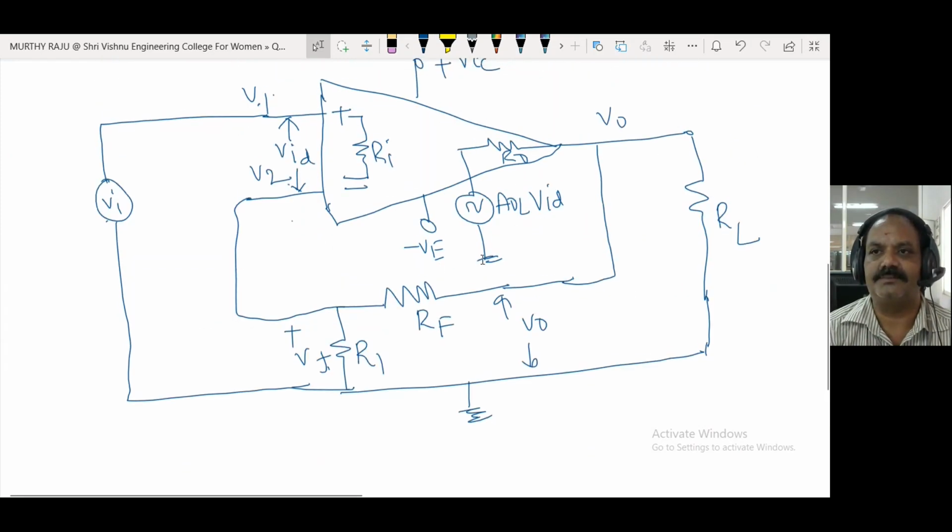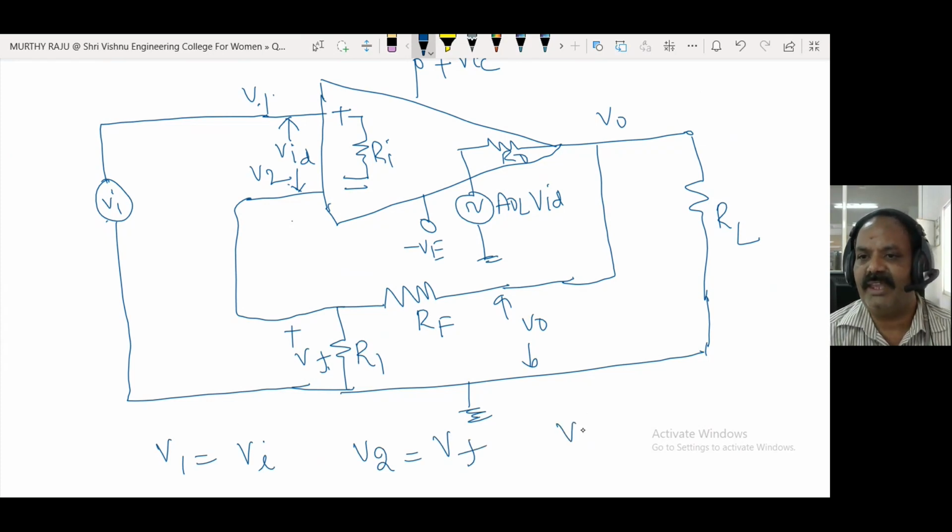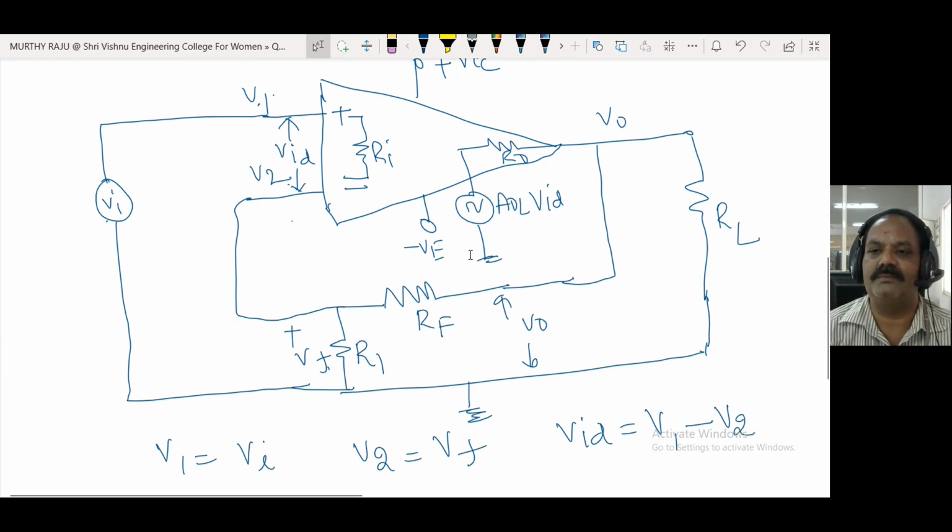Now calculate. Here we made some assumptions. V1 is equal to VA. V2 is equal to VF. VID is the difference between these two voltages, V1 minus V2.